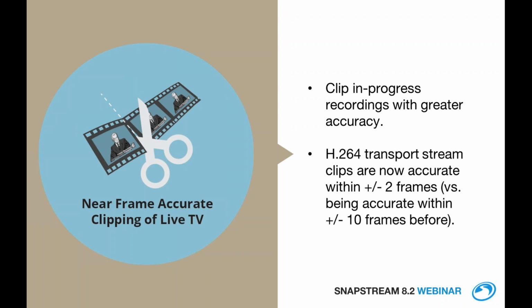That went from our last release, which was give or take about 10 frames. We're getting it even tighter, with H.264 transport stream clips being accurate to within give or take 2 frames. We're always working on improving that, and so I would assume with our next release we're going to be even tighter than that.